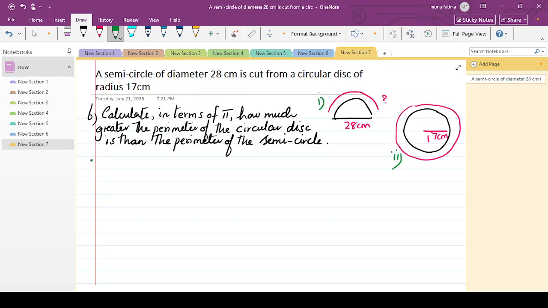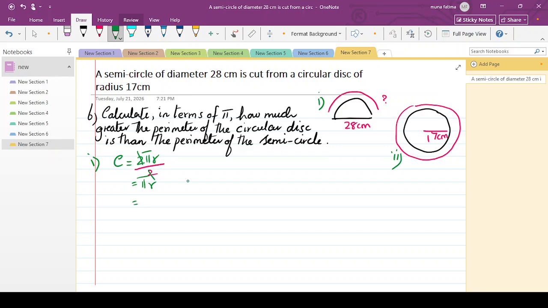Let's do part 1. We have half the circumference, because it's half a circle. Circumference is found by 2 pi r. In this case, we are going to divide it by 2 again, so this is just left as pi r, because the 2 cancels.